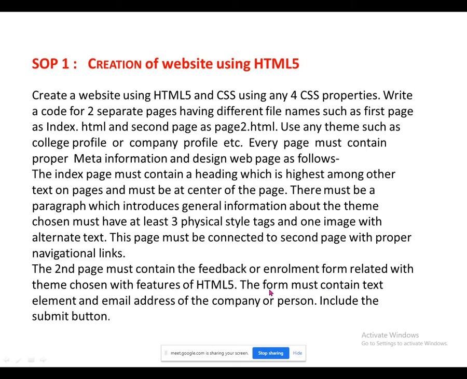At least in your form, one text element, one email address and a submit button must be there. These are the three elements the form must have. If you want to add more that suit the feedback or enrollment, you can, but at least three elements must be there, along with suitable tags from HTML5.